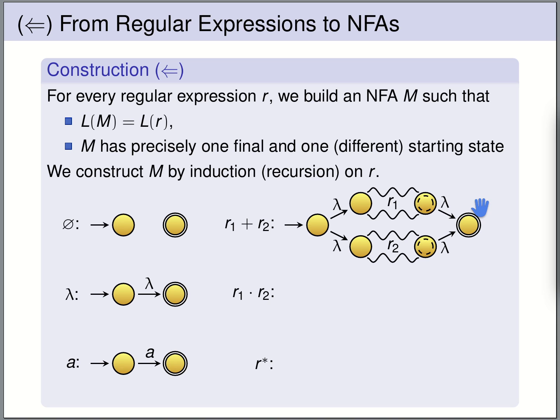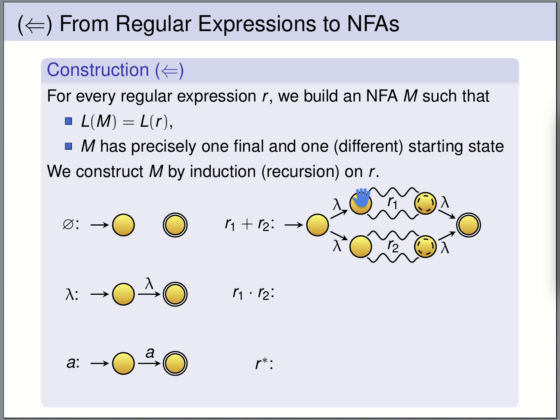Now, why does this automaton accept the union of these two languages? We start in this starting state, and now we can choose whether we want to accept a word from the language R1 or a word from the language R2. We choose one of them, then we read a word from R1 or R2 respectively. Once we reach the old final state, we have a lambda transition to our new final state.